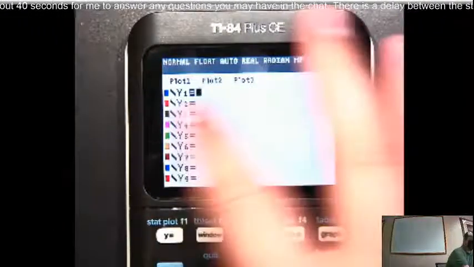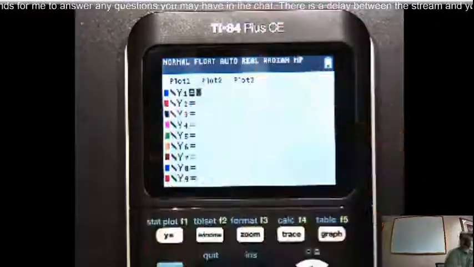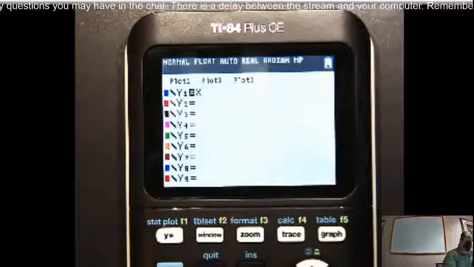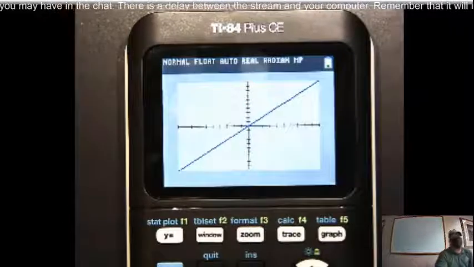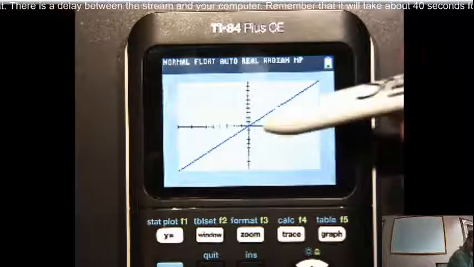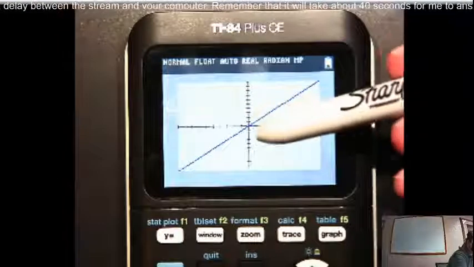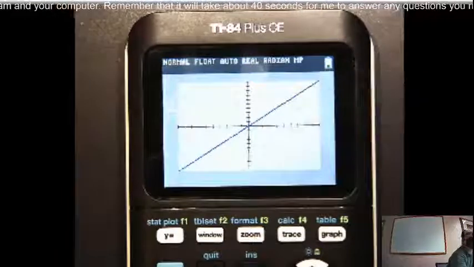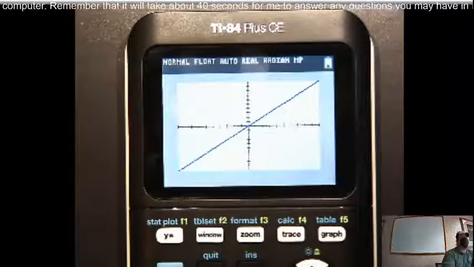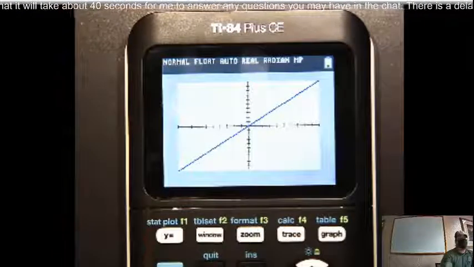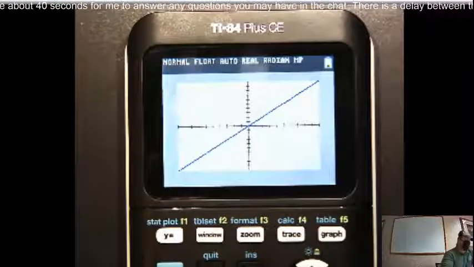In fact, I've already got in here y equals x. There's nothing else in here. This is the most basic you can make a function, and if we graph this, this is what it looks like. Of course, y equals x means that if y equals 1, x equals 1. If y equals 2, x equals 2, and so on. There's nothing modifying this. If we have an x, it's the same thing as y.